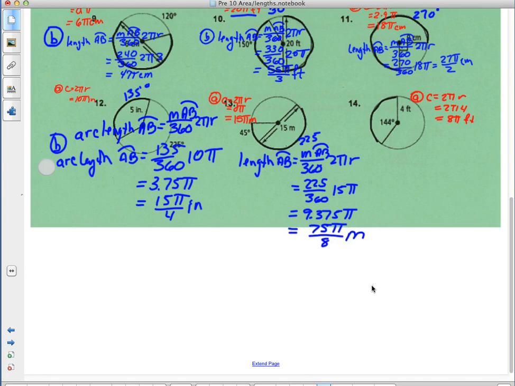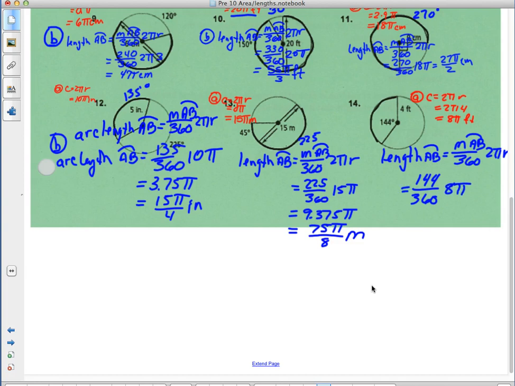Okay, in 14, when I'm looking at this, same formula. The length of arc AB is equal to the measure of arc AB over 360 2 pi r. And I've got this set up as 144, so I've got 144 degrees over 360 times 8 pi. And that's what my 2 pi r is, 8 pi.